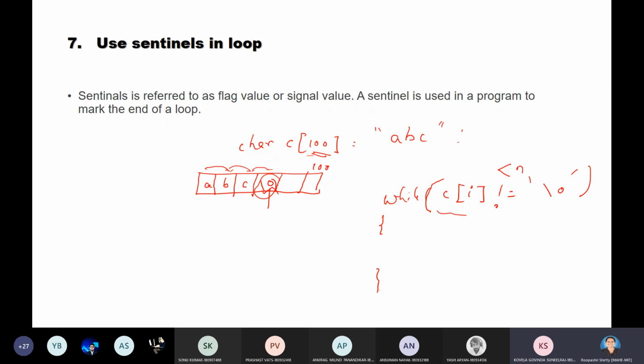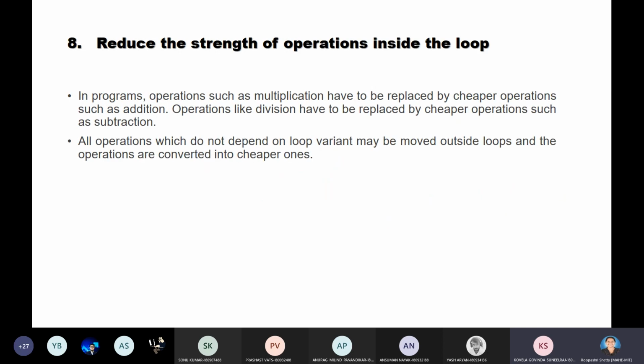Okay, fine. Now, next is reduce the strength of operations inside the loop. Reduce the strength of operations inside the loop. See, if you remember the concept of recursion which you have studied in your previous class or in your PSUC, when you have an operation called 2 times 3, this can be performed as 2 plus 2 plus 2, right?